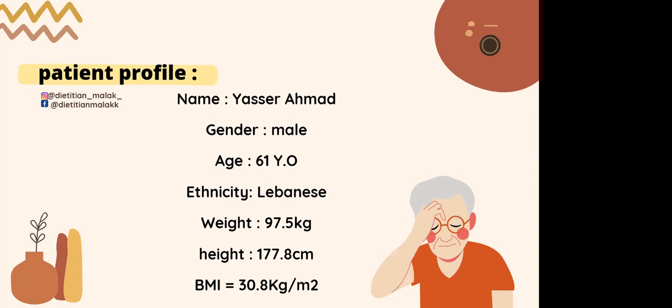He is a 61-year-old male from Lebanon. This is his weight, this is his height. We calculate the BMI. Now, could you tell me the equation that we use to calculate the BMI? If anybody is aware, in the chat.